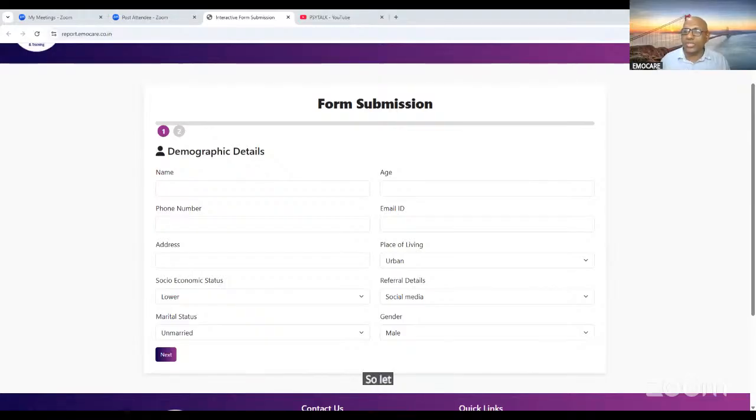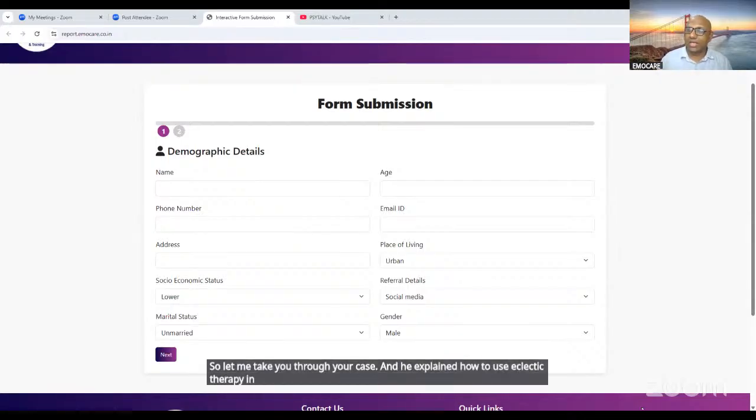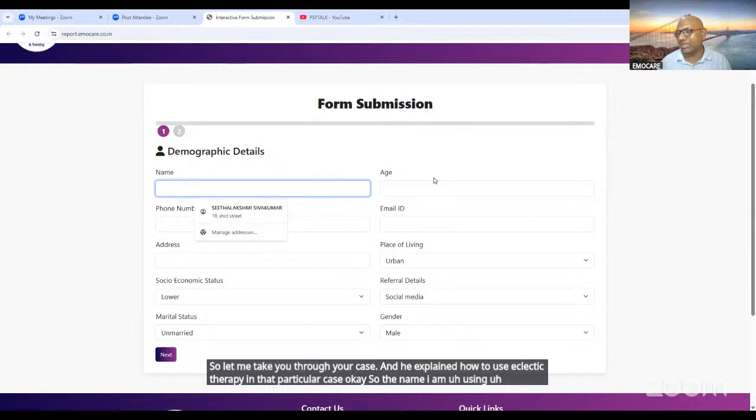So let me take you through a case and explain how to use eclectic therapy in that particular case. Okay. So the name, I am using some other name. Whatever details I am putting, it is not the exact aspect.